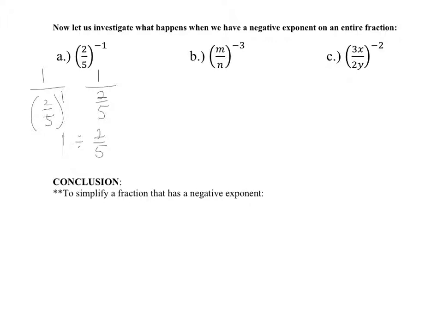Which then means I'm doing 1 times the reciprocal of that, which would be 5 over 2. So the result of this would just end up being 5 over 2.